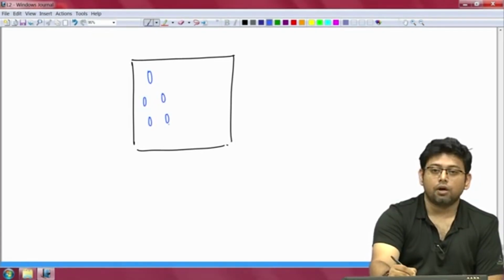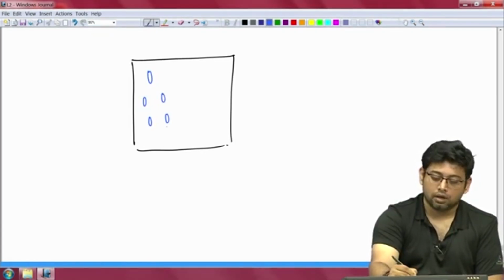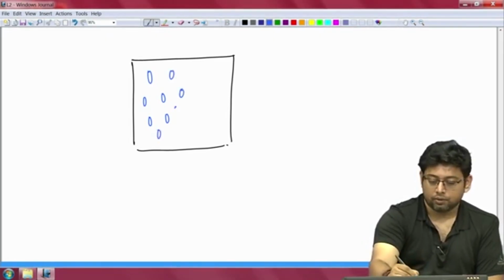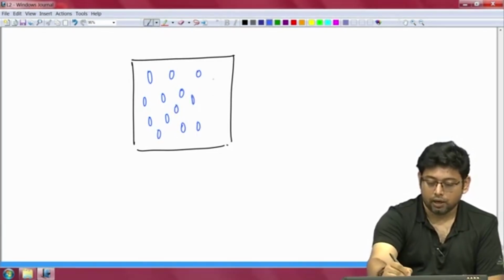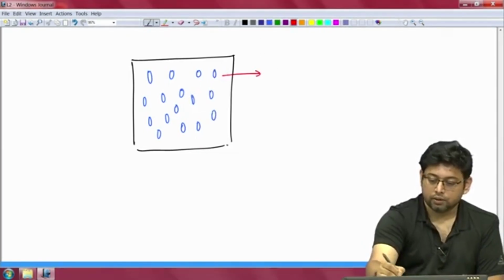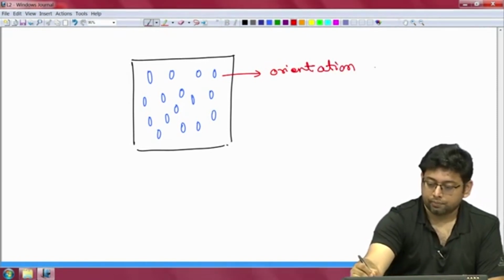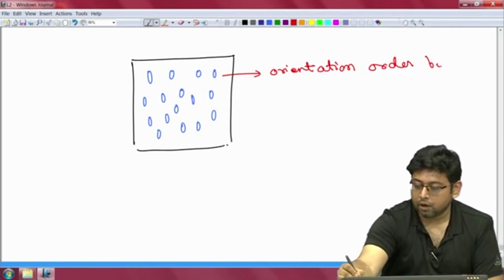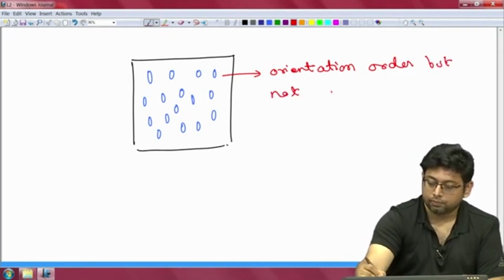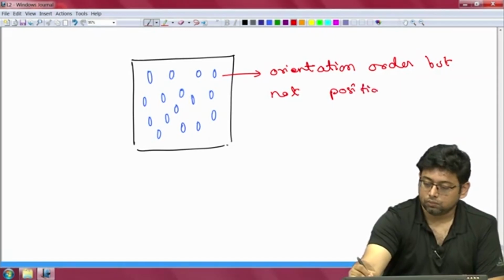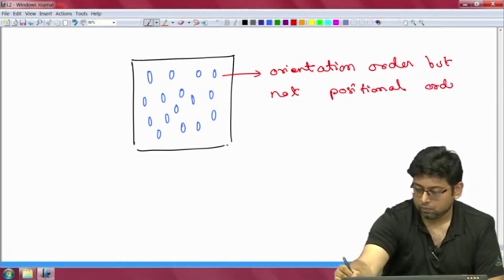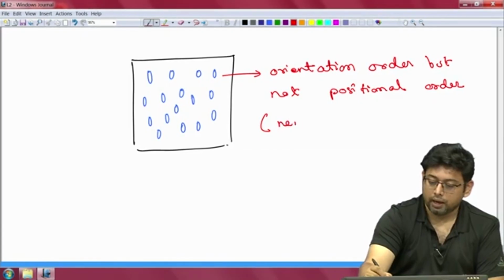So, let us say the ellipses are all pointed in a single direction, but they are not placed in any particular order, placement order is not there. So, this is a system which has orientational order but not positional order. So, this is what is also called a nematic.